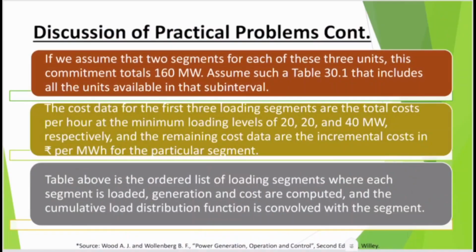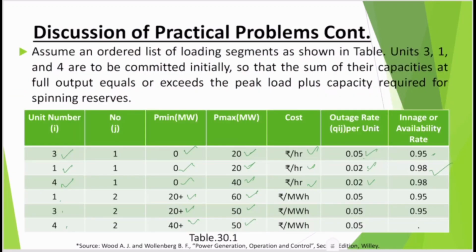Now, if you assume 2 segments for each of these 3 units, this committed total is 160 megawatt. If you go back, as you could see, the last 3 components, 1, 3 and 4, 60 plus 50 plus 50, you can maximum achieve 160 megawatt at a given point of time.